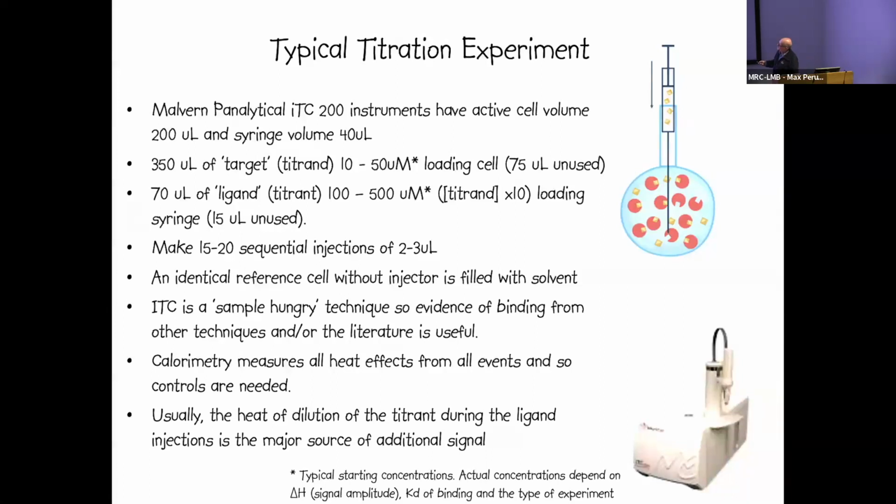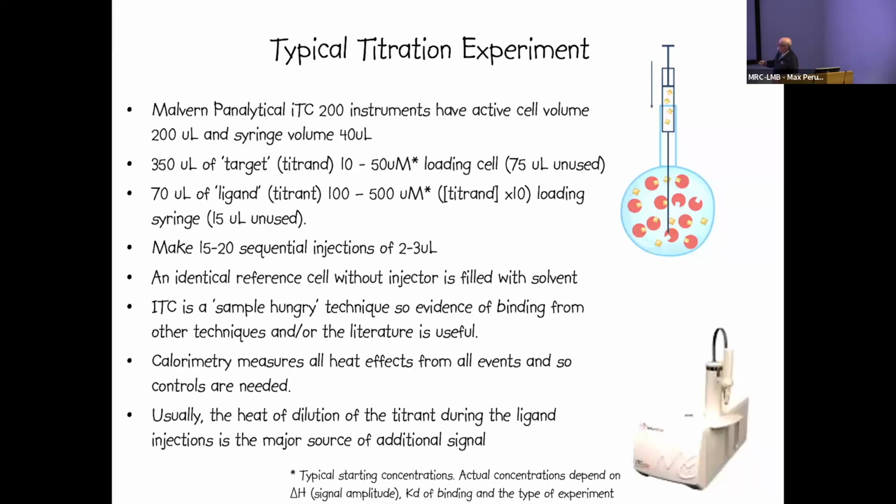The cell is 200 microliters, but we need to fill the cell up to the top of this access tube here, so it takes around 275 microliters. The syringe is 40 microliters, but we need 70 microliters of ligand, and this should be at least 10 times that of what we have in the cell, so 100 to 500 micromolar.